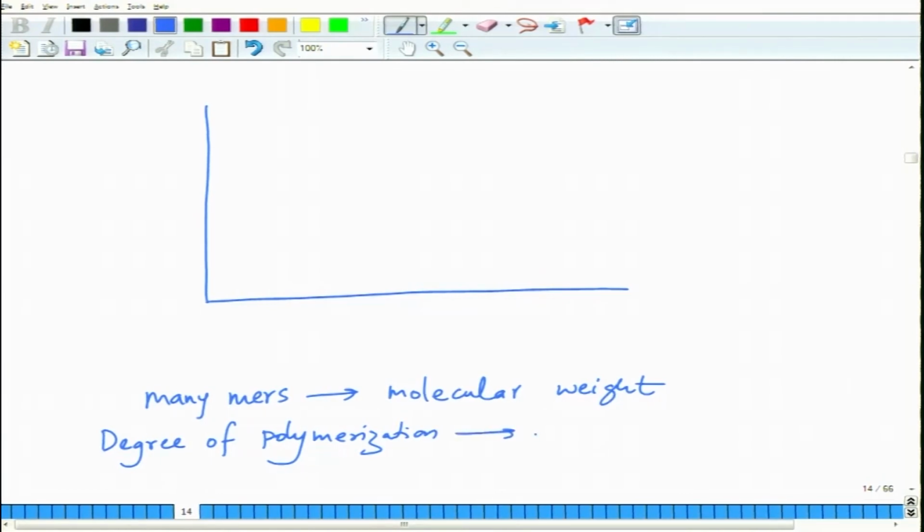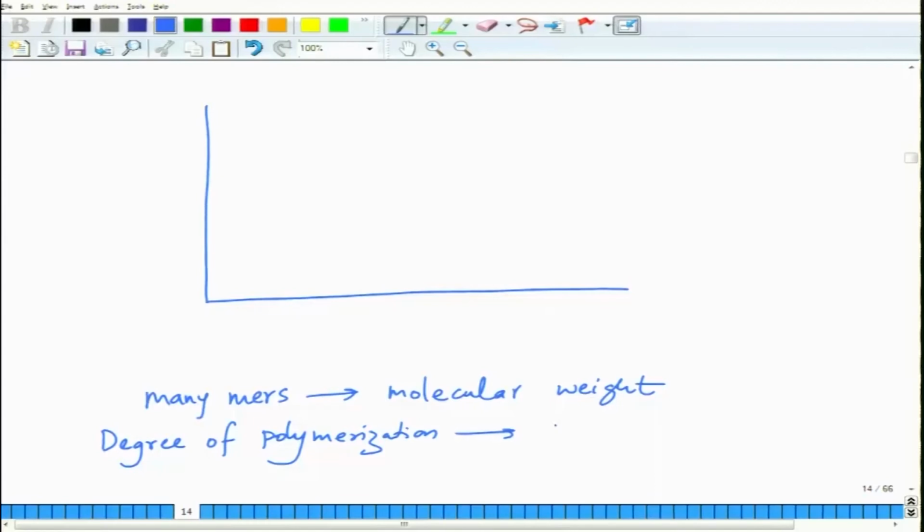So, degree of polymerization basically is the degree to which MERS attach to each other. So, if you have, let us say, a C2H4 molecule, this N is the degree of polymerization. So, higher molecular weight will mean higher value of N. So, the higher the degree of polymerization, the higher the molecular weight of the polymer will be.